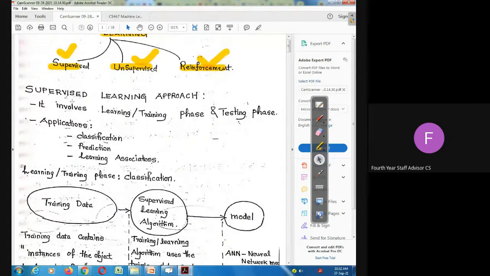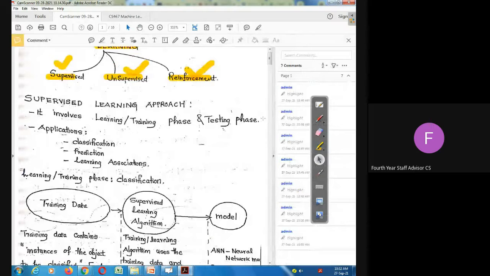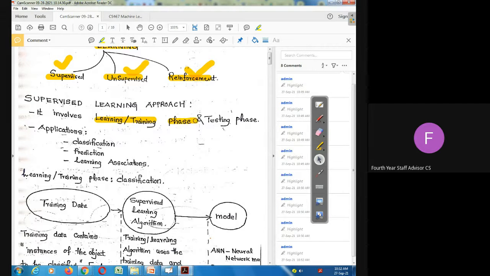So in the supervised learning approach, as I already told, it involves a learning or training phase and a testing phase.